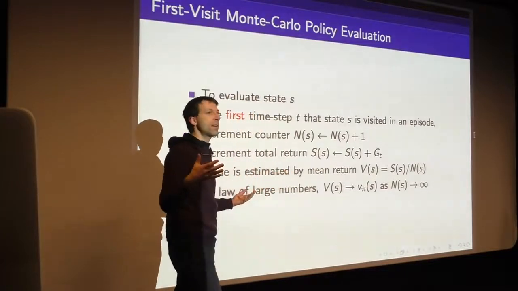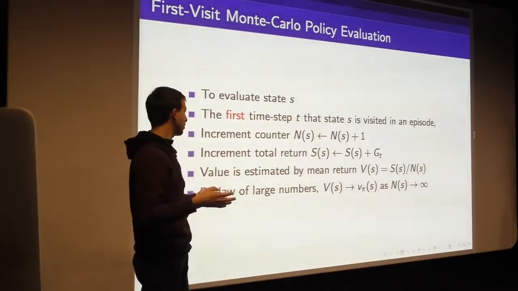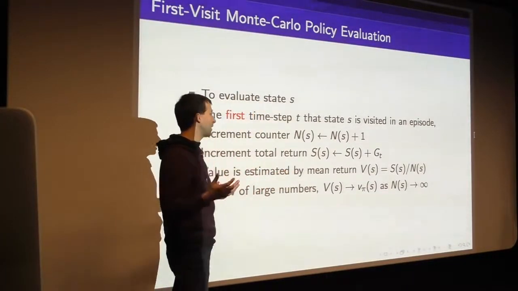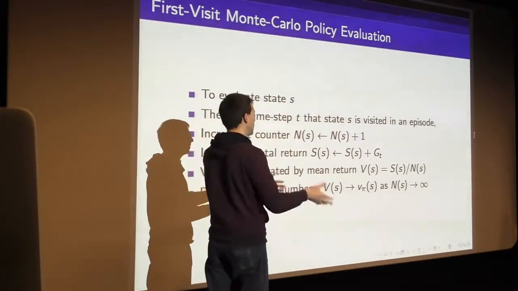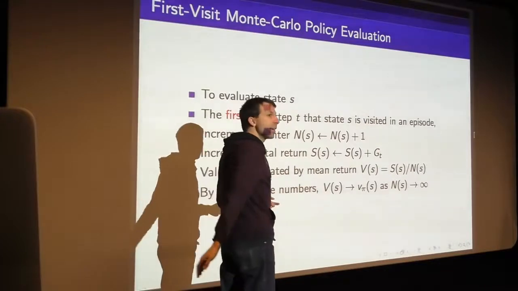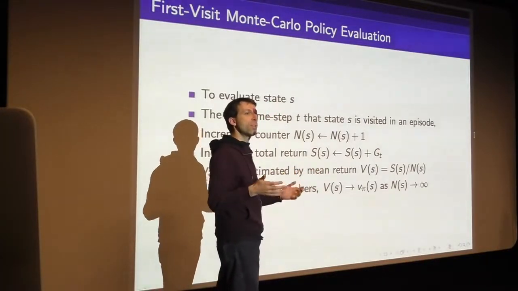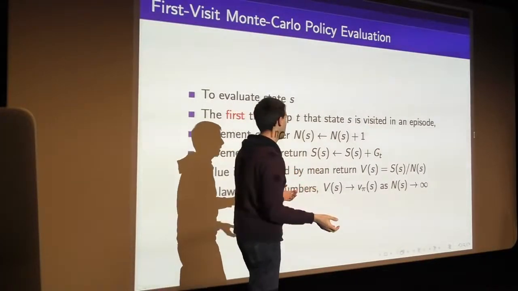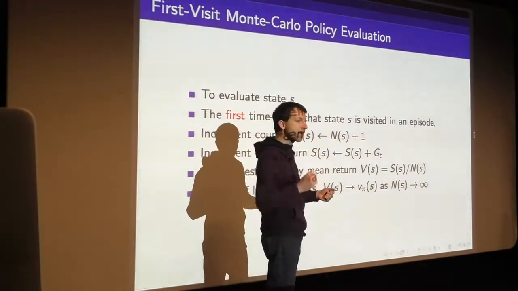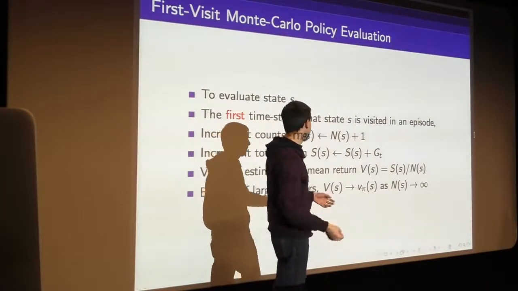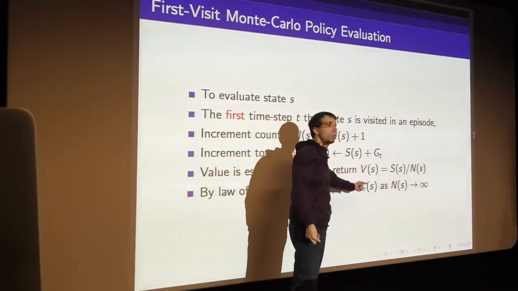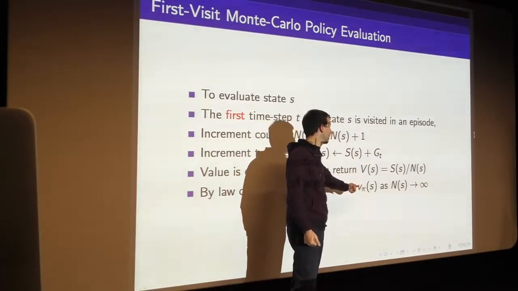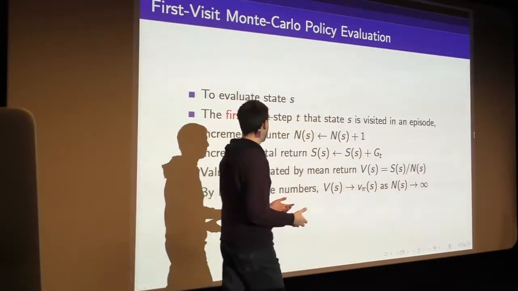All we're going to use is a very simple mathematical result, the law of large numbers, which says that when you take a mean of a bunch of IID random variables, that mean does approach the true expectation. That tells us that if we randomly sample enough episodes, this very simple idea of Monte Carlo learning really will converge on the true value function for our policy as we get more and more samples.